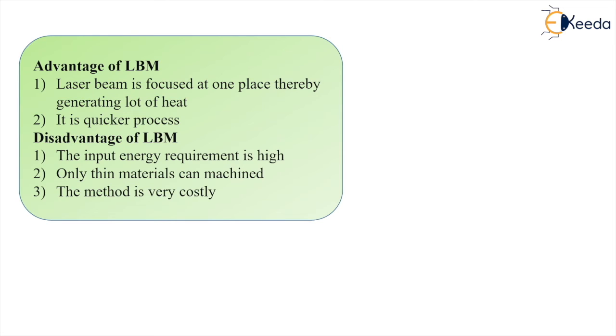Yukon is the hardest and a costly tool material, made in the form of sheets by the rolling operation. For cutting that sheet into the required shape, we use the laser beam machining process. So this is about laser beam machining. Thank you.